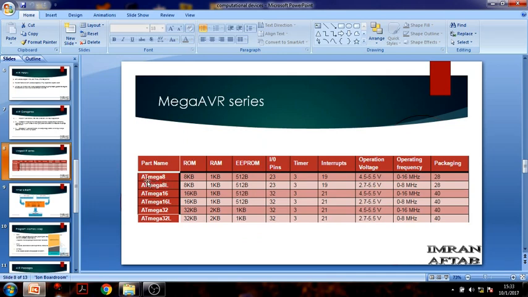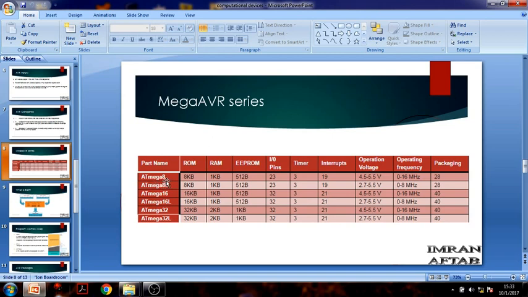Every name has its meaning. Here, AT stands for Atmel. Mega is the series. We have discussed the categories: tiny, mega, XMega. Here we are using the mega family. So mega is the series, and 8.